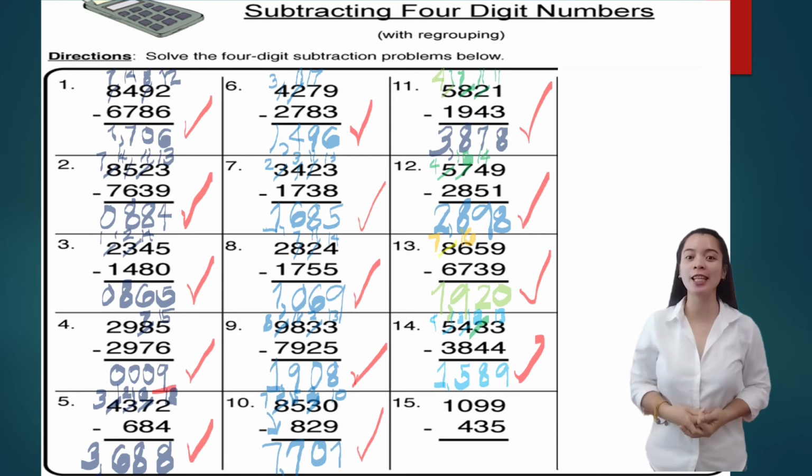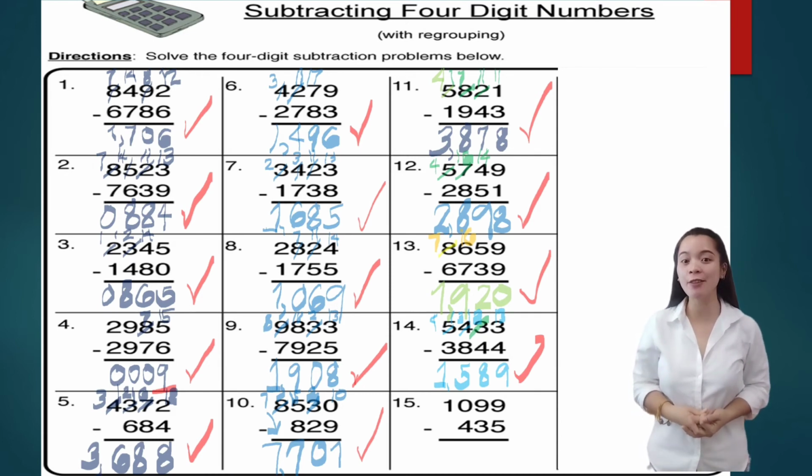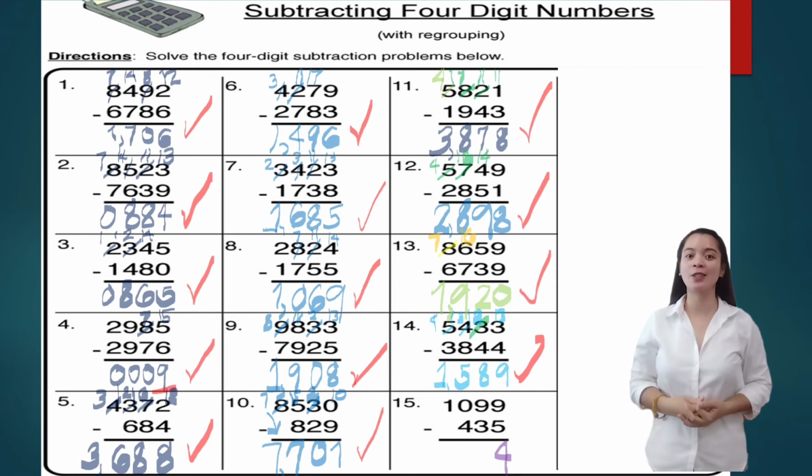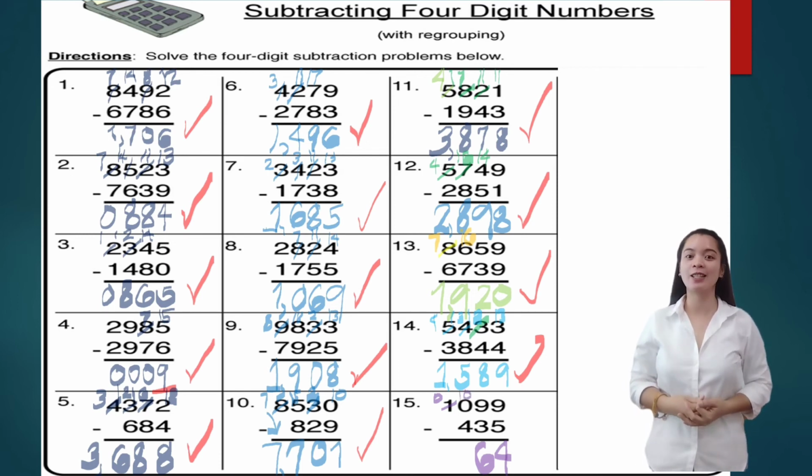So let's move to number 15. We have 1,099 minus 435. 9 minus 5 equals 4. 9 minus 3, good job, 6. 0 minus 4 cannot be, so let's borrow from 1. 1 becomes 0 and 0 becomes 10. 10 minus 4 equals 6.